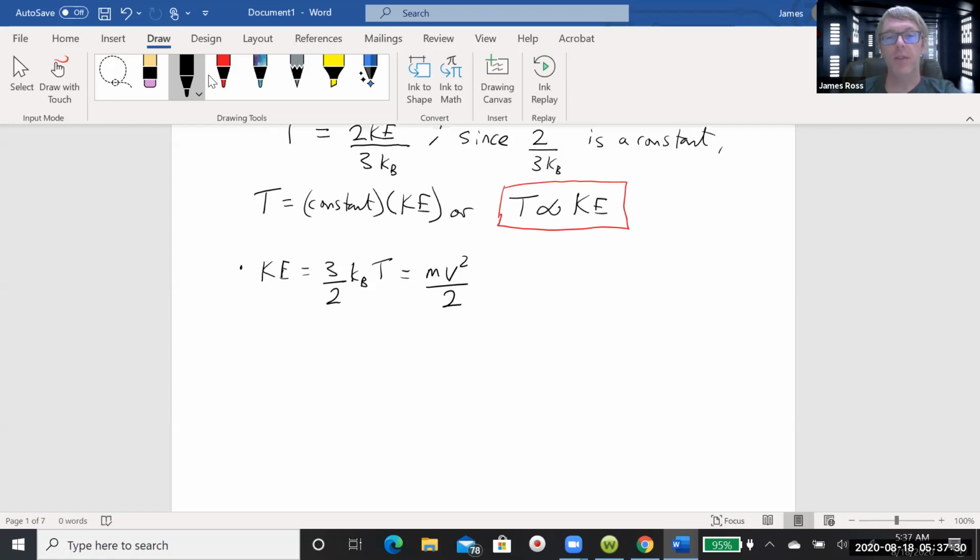So again, we've still got the relationship temperature is proportional to kinetic energy, but this therefore means the temperature is proportional to m and 2 constants, so just proportional to v squared, which is a bit more information than we had previously. So temperature is proportional to kinetic energy, but specifically it's proportional to the square velocity of molecules.